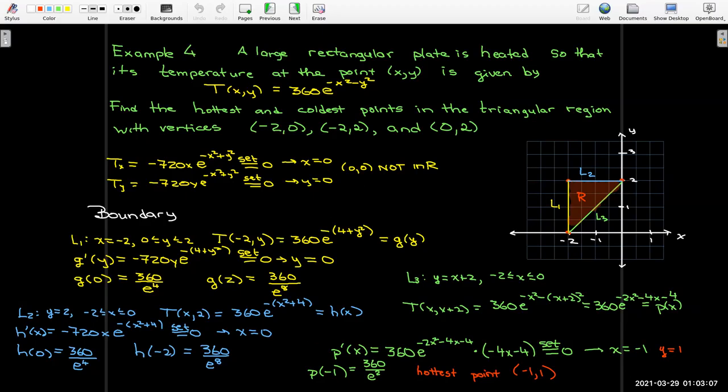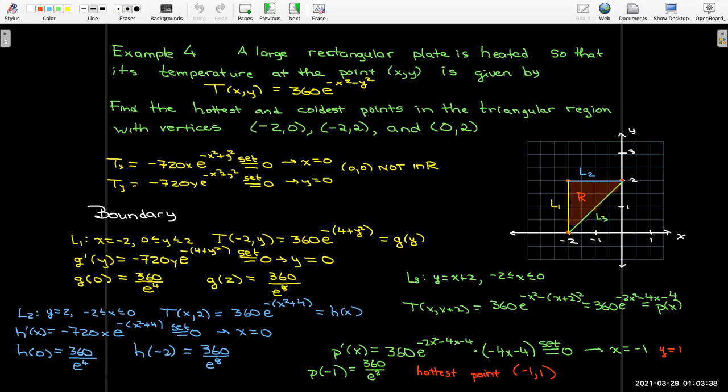So the critical point did not come into play. On the first boundary, I only looked at the endpoints. I had 360 over e to the power of 4, 360 over e to the power of 8. On the second line, 360 over e to the power of 4, that's good, that should match up. 360 over e to the power of 8 at h of -2. Oh, I'm sorry, that doesn't have to add up. It's these two that have to match.